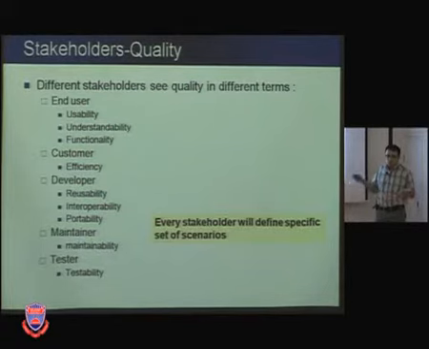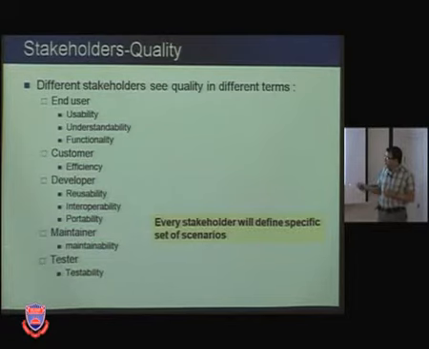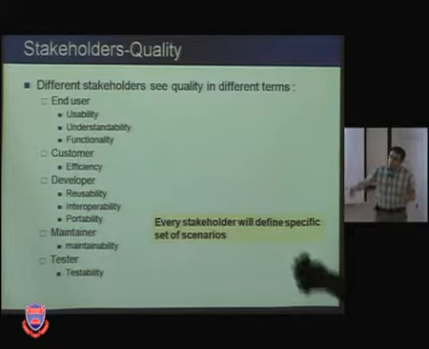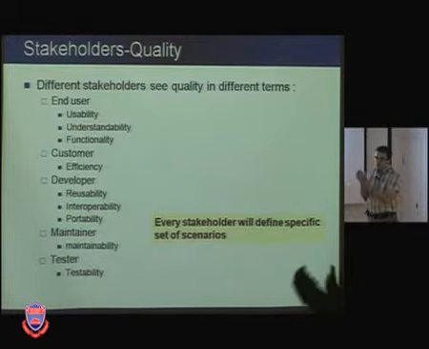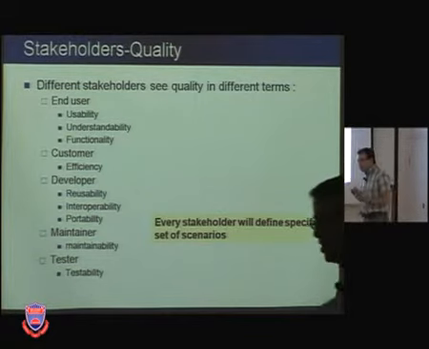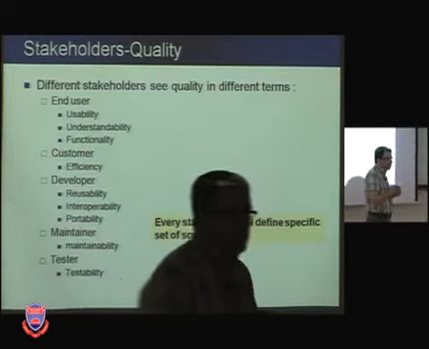Customer, concern is efficiency. Developer, concern is reuse, interoperability, portability. Maintainer, concern is maintainability, tester, testability, etc. You can just list them, and it appears that every stakeholder by definition has an interest in different concerns.